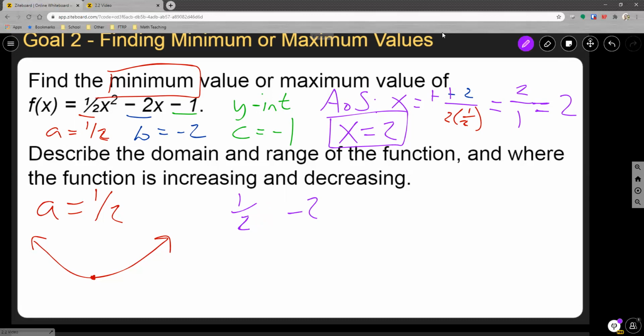So if my x value is 2, I can plug a 2 into my equation wherever the x was. 1/2 x squared minus 2x minus 1. I plug in a 2 everywhere x is at. So my function at 2 looks like this.